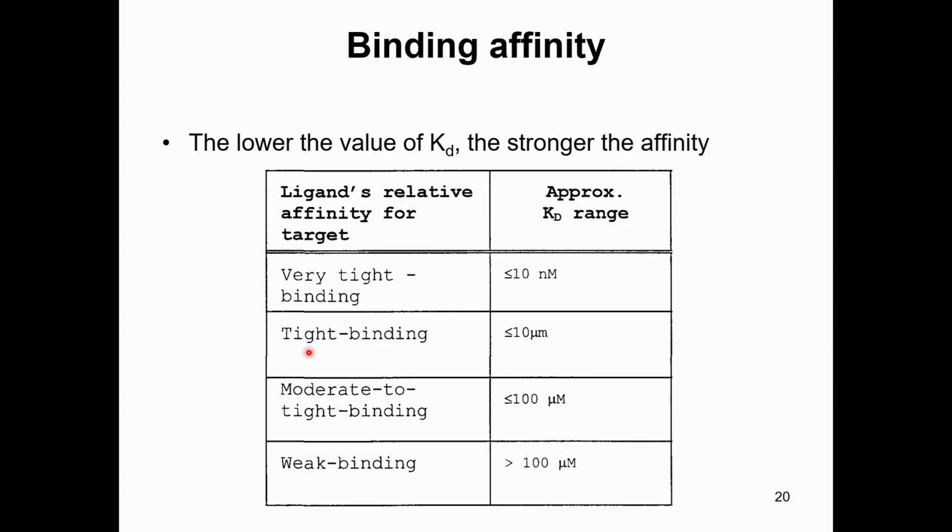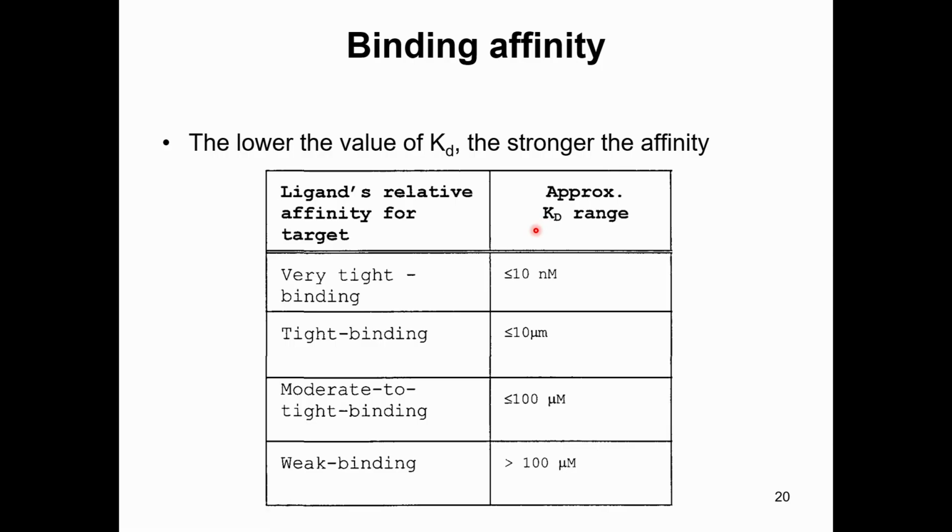So let's look at what this means. Here are a bunch of different Kds. Less than 10 nanomolar, less than 10 micromolar, less than 100 micromolar, greater than 100 micromolar. These concentrations are all getting larger and larger. But remember with Kd, the smaller the value, the tighter the affinity. We just talked about that, right?